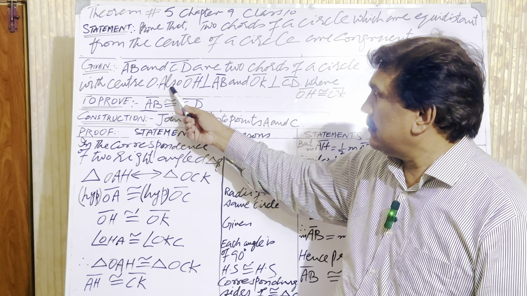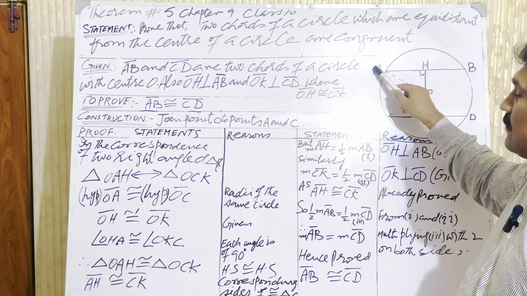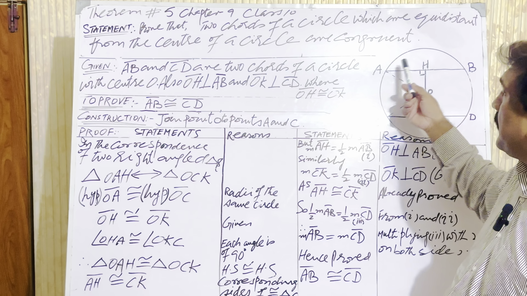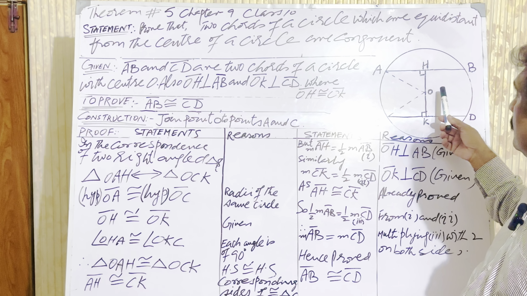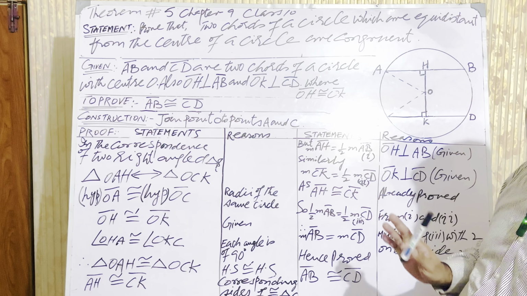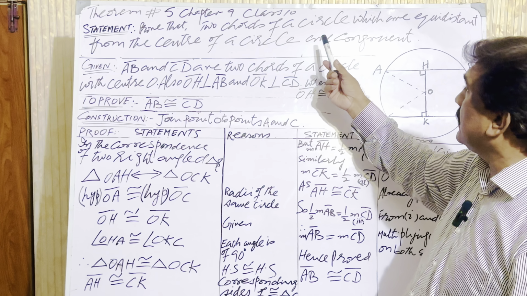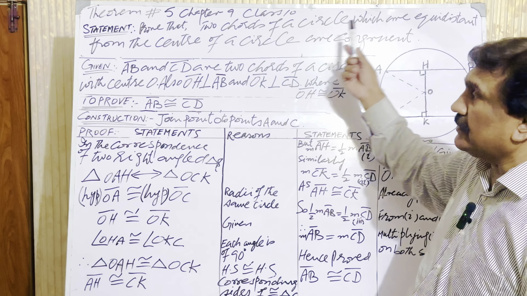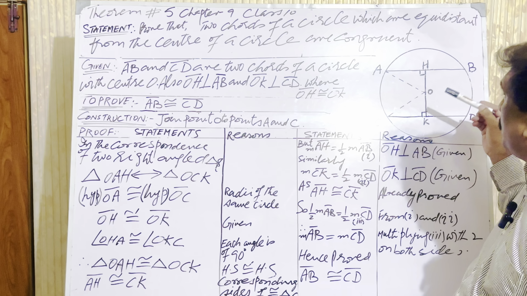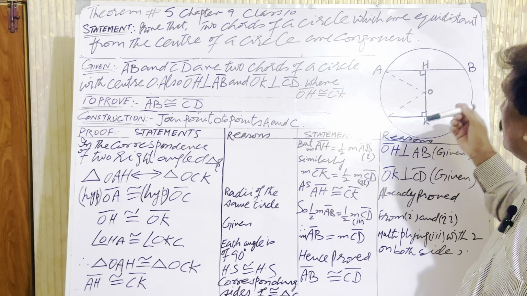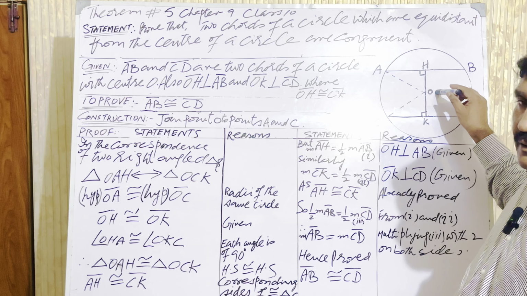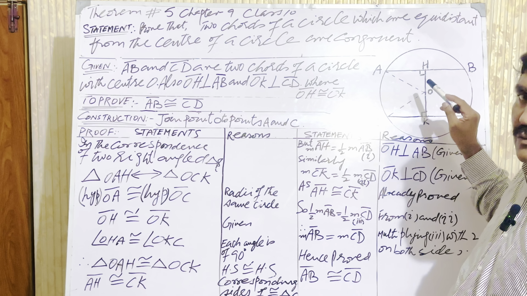Clear? Also, OH is perpendicular on AB and OK is perpendicular on CD. Done? Okay. Along with that, it is written that the chords are equidistant. Because the chords are equidistant, their distance from the center will be equal to each other.